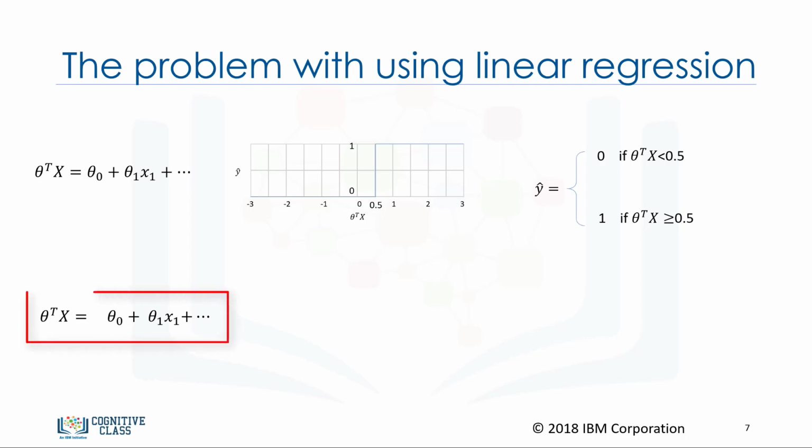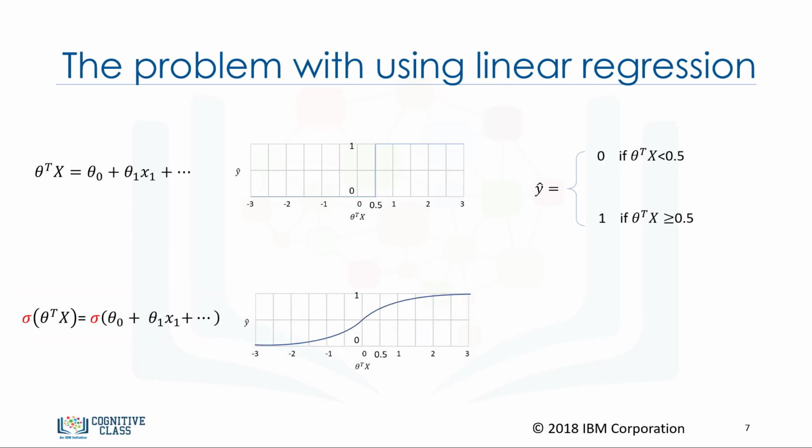Well, if instead of using theta transpose x, we use a specific function called sigmoid, then sigmoid of theta transpose x gives us the probability of a point belonging to a class instead of the value of y directly. I'll explain this sigmoid function in a second, but for now, please accept that it will do the trick.